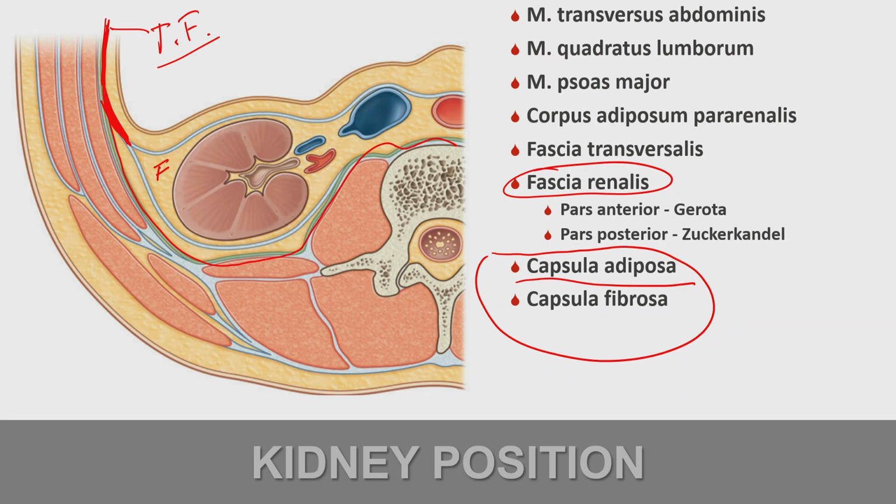Then we have the second one. The second one is called capsula fibrosa, dense fibrous tissue covering the renal parenchyma outside and also entering the inner surface of the renal sinus. This space inside is called the sinus. It is not an empty space, it is filled by fatty tissue, connective tissue, and renal veins, arteries, and also the pelvis.